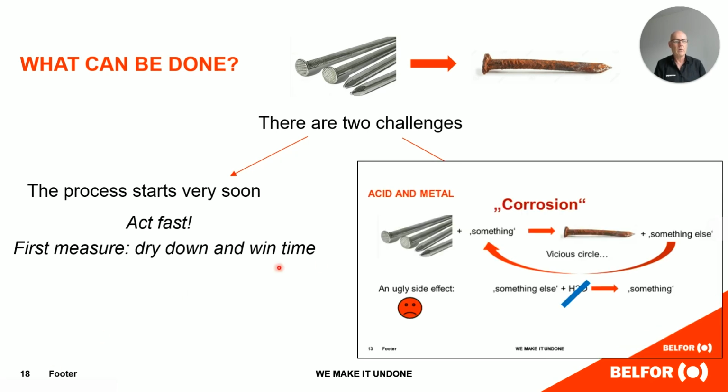And just to understand, if you dry, you reduce the water. And without the water, the process of creating the accelerator again is slowed down. You have less and less of this accelerator material, the hydrochloric, and that means the whole vicious circle is going slower and slower and slower.